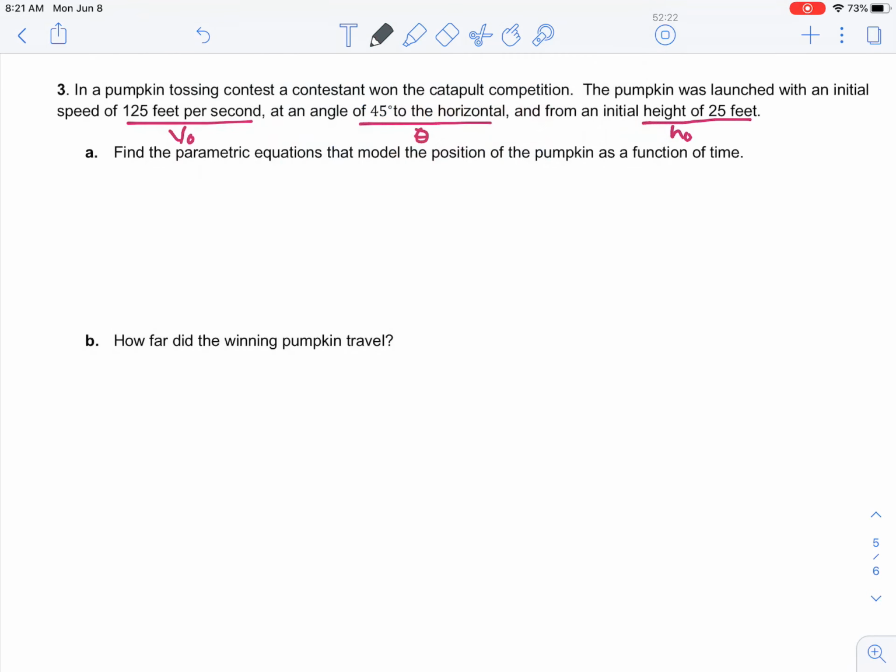So just like we did before, we're going to be filling in our x equals initial velocity cosine of our angle of projection times t, as well as our negative 16t squared plus initial velocity sine of our angle times t plus our initial height.